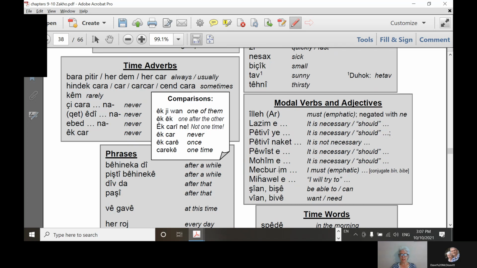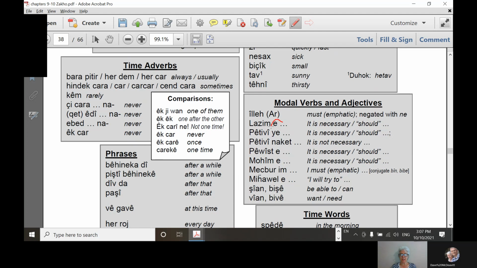For majbur, you have to conjugate the bun biba or bin biba verb. So if I is the subject, the intended subject of your modal verb, then you're going to say majburim, I must do something. But if you're talking to somebody else, you'd say majburi. Or if you're talking about someone, majbura, like he must do this.